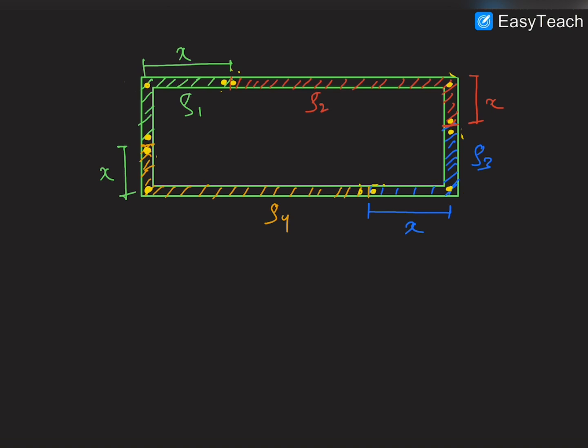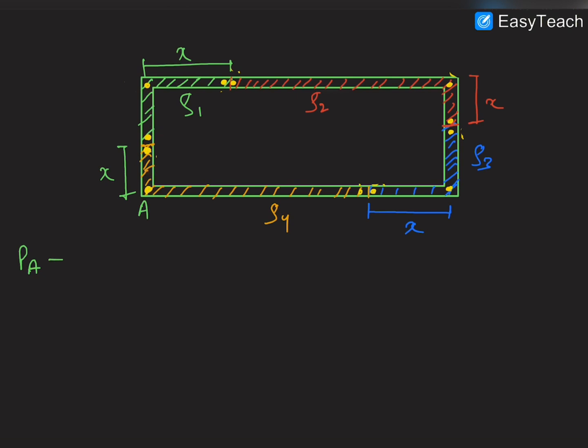Now let us assume this point as A, and let us move away from A in a closed loop, and come again to A, and let us write the pressure variations. So PA, and now I am moving in the upward direction, so pressure will decrease.